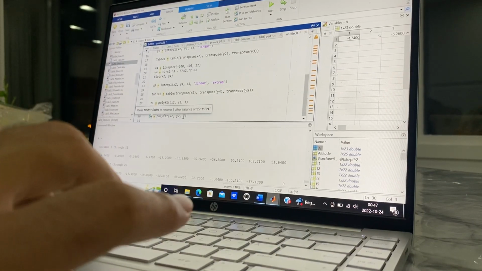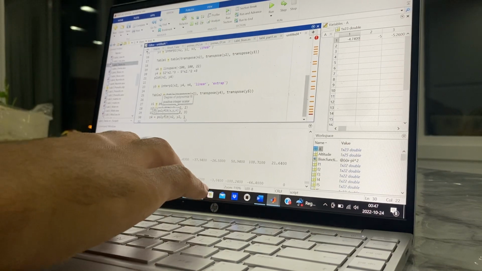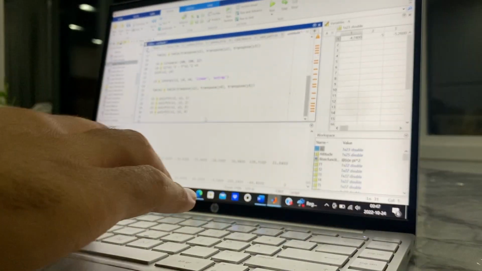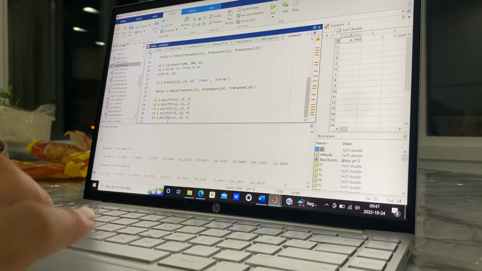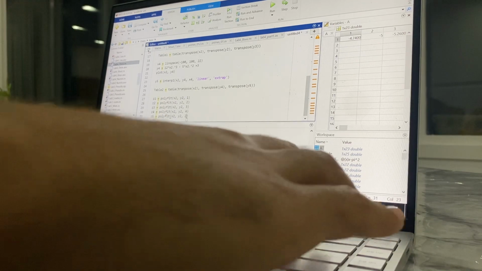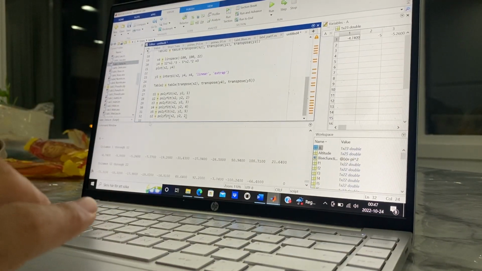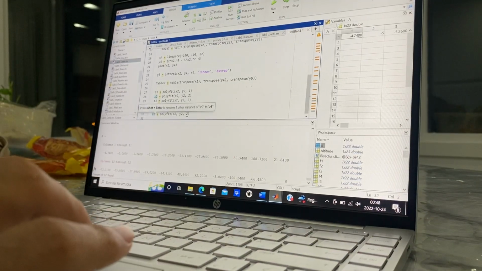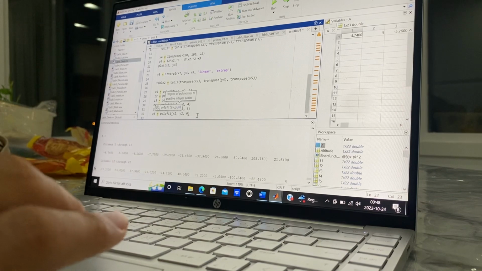So this is Z4, degree number 4. And again Z5, and this is degree 5, and this is the last one, Z6, which is degree number 6.